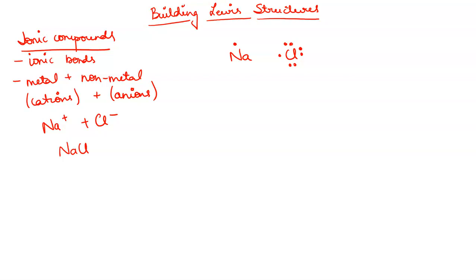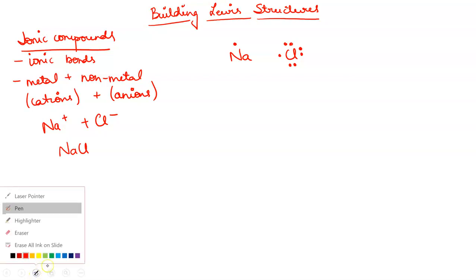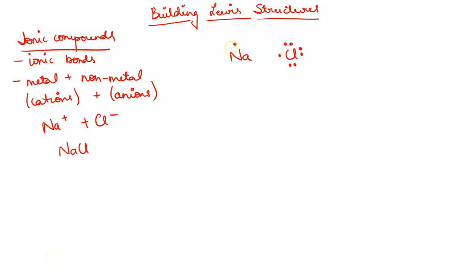Now, these are basically neutral atoms right now, but in order for these to make an ionic bond, one of them has to become a cation, the other one has to be an anion, right? So they are not cation and anion just yet. So what happens is this single electron on sodium goes over to the chlorine. So it'll come right here.